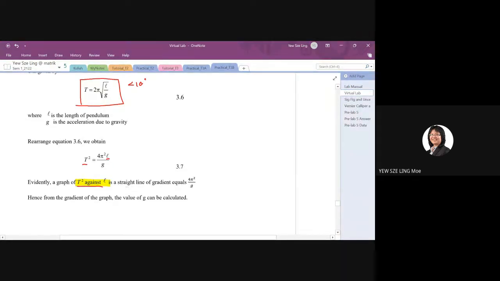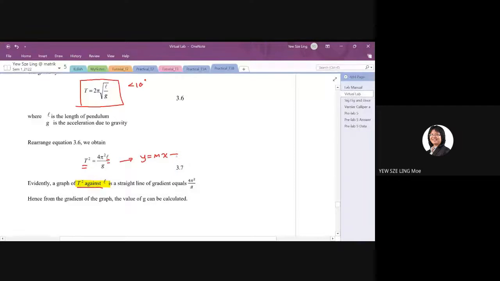If it asks you to sketch T squared against L, it means you must have T squared on the left-hand side and L on the right-hand side, so that you can do comparisons with y equals mx plus c.